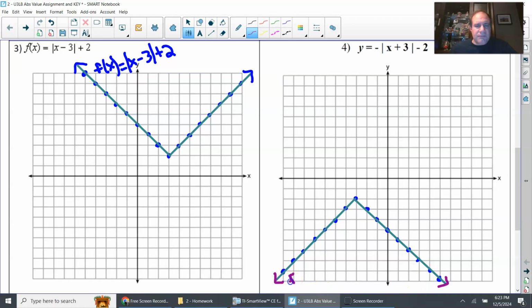Then f of x is negative absolute value of x plus 3, and then minus 2. So the x plus 3 moves it to the left 3, and the minus 2 on the outside makes it translate down 2. And that is it.